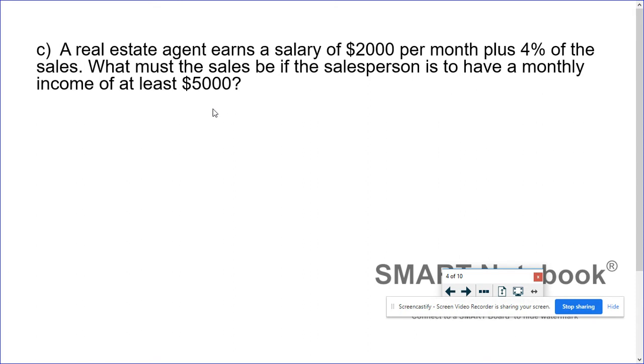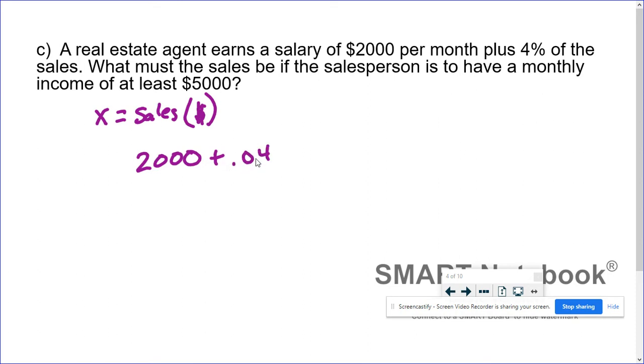Okay, so the thing we don't know that we're going to need to define is the amount of sales. So sales, the unit that we're measuring, sales is dollars. All right, so they earn $2,000 no matter what, plus 4%.